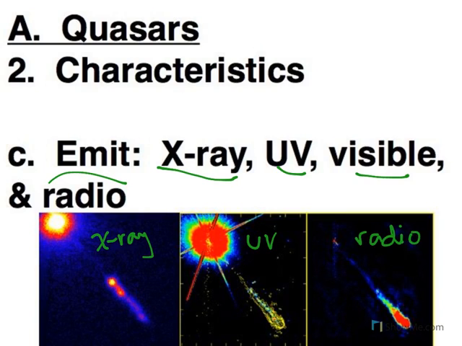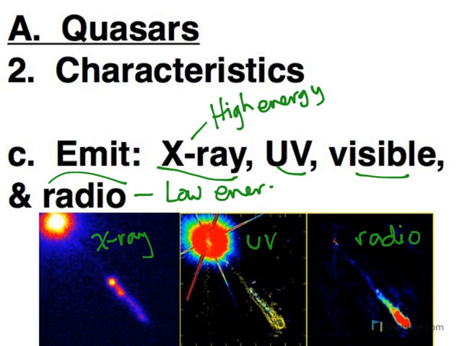Now, of course, that previous image where it looked like a dot, looked like a star, is a visible light image. So they're giving off all sorts of energy, especially if you're giving off X-rays. We know that's high energy. And yet it's also giving off radio waves, which is low energy. So what's up with that?